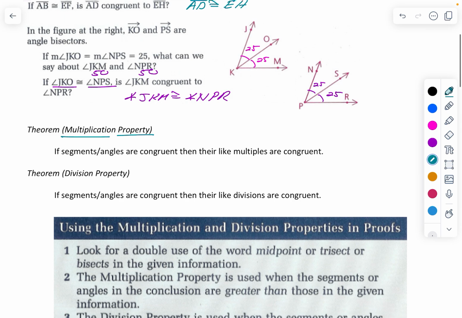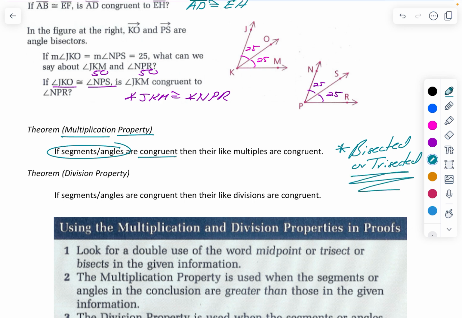So in other words, if segments or angles are congruent, then their like multiples are congruent. So this has to be bisected or trisected. So we have to have those elements to use the multiplication or division property.